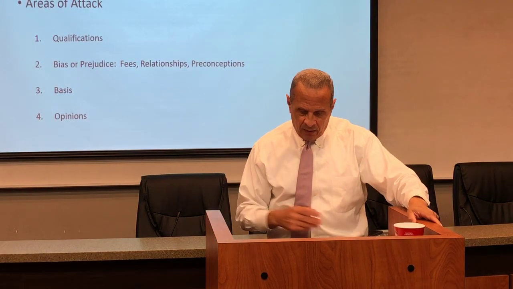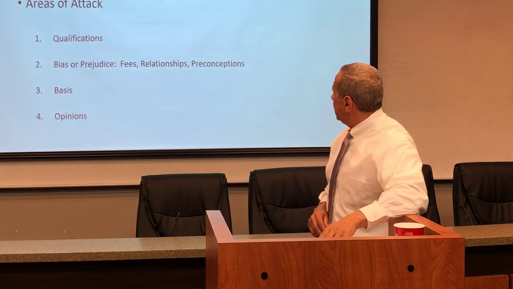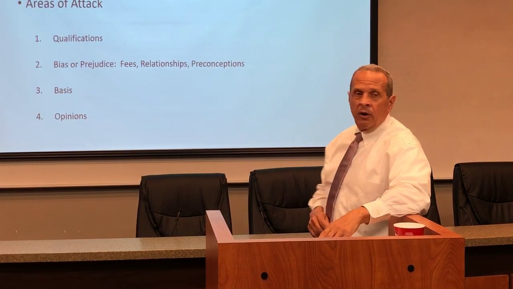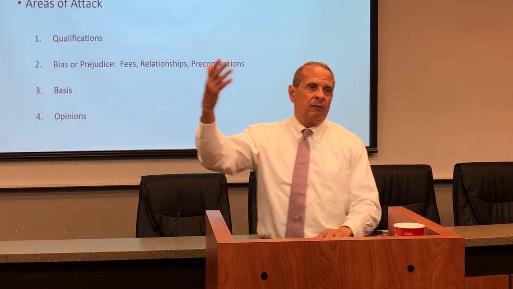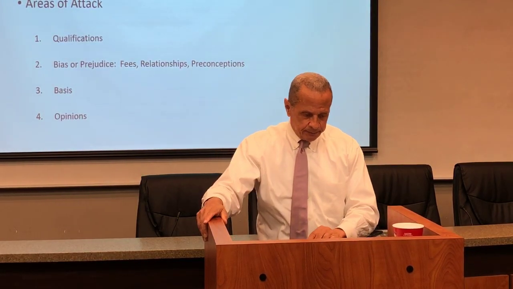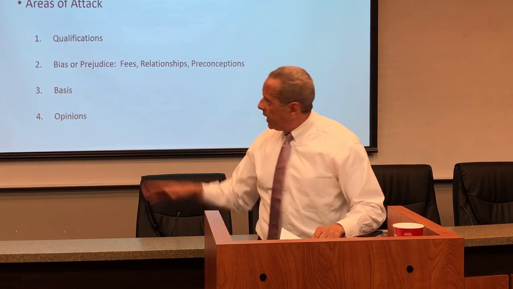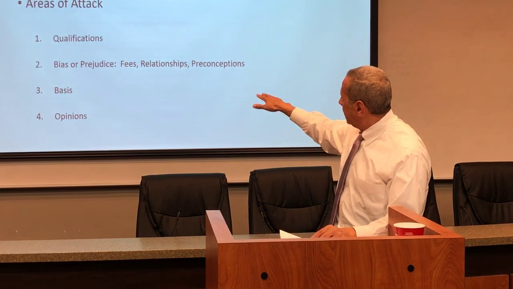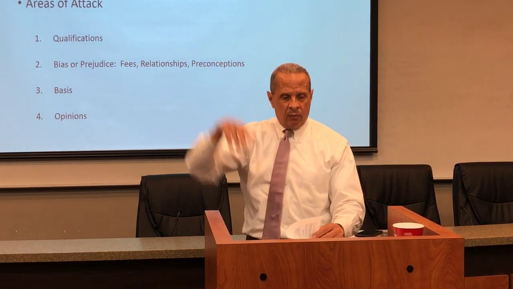If there are any preconceptions developed by the expert, maybe you could ferret out from past testimony or past writings or statements that the expert has given. But I think the main ones for your purposes would be fees and or perhaps relationships, especially when it comes to Dr. Barron.